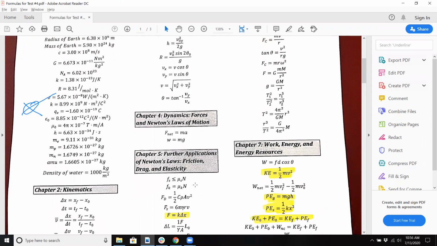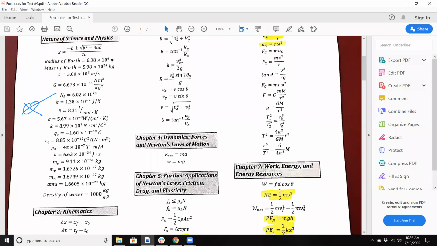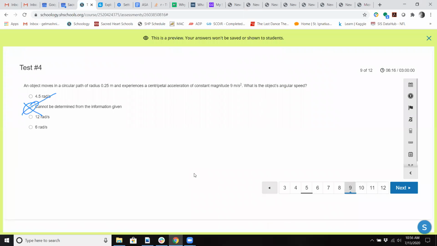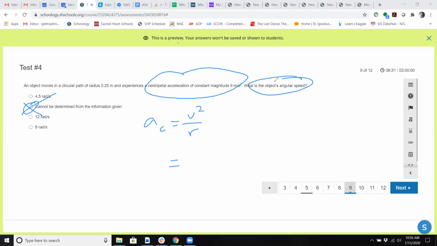So let's work through it. The centripetal acceleration is v squared over r, and you want the object's angular speed. So r times omega squared. Remember, v equals r omega. Your centripetal acceleration is 9.